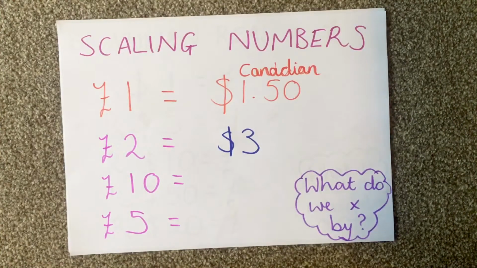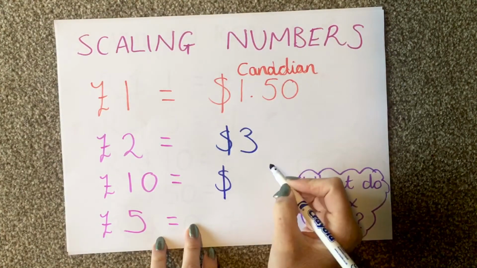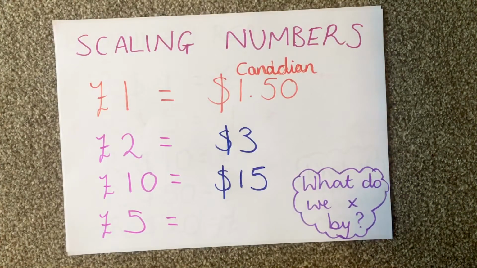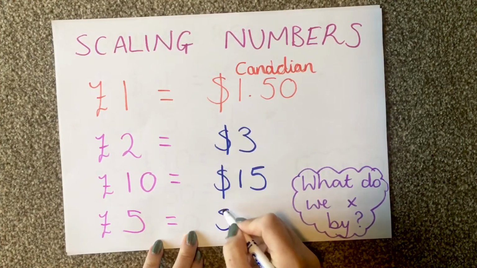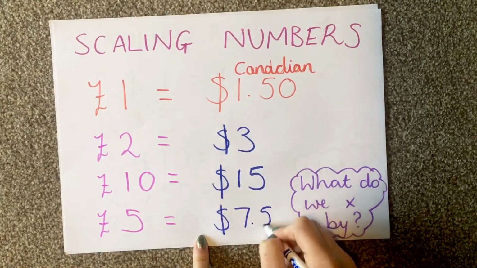I'll give you a couple of seconds, see if you can work out any of the others and see if you can work out what we're timesing by. If you have £10, that would be the same as having 15 US dollars. If you had £5, that would be the same as having $7.50.